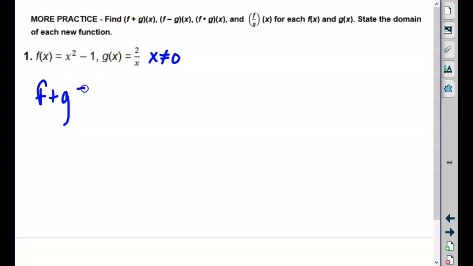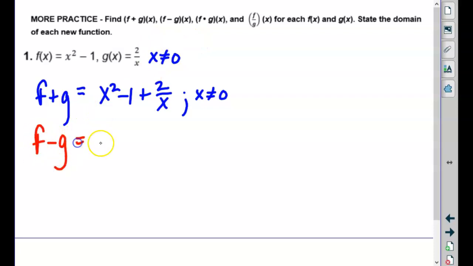So the first one, F plus G, you would just add the two functions together in whatever order you wanted. X squared minus 1 plus 2 over X. There aren't any like terms, and I don't really care what order you have them in. And then you would say X still cannot equal 0. For F minus G, anybody tell me what that one would look like?